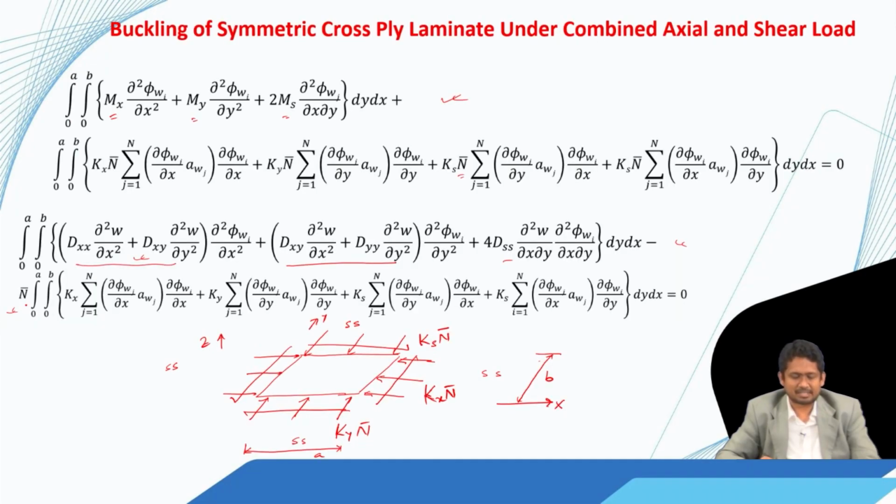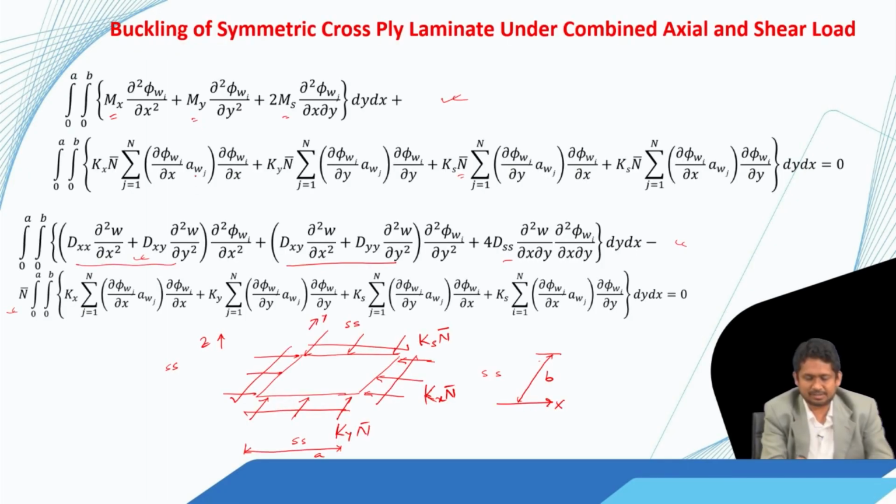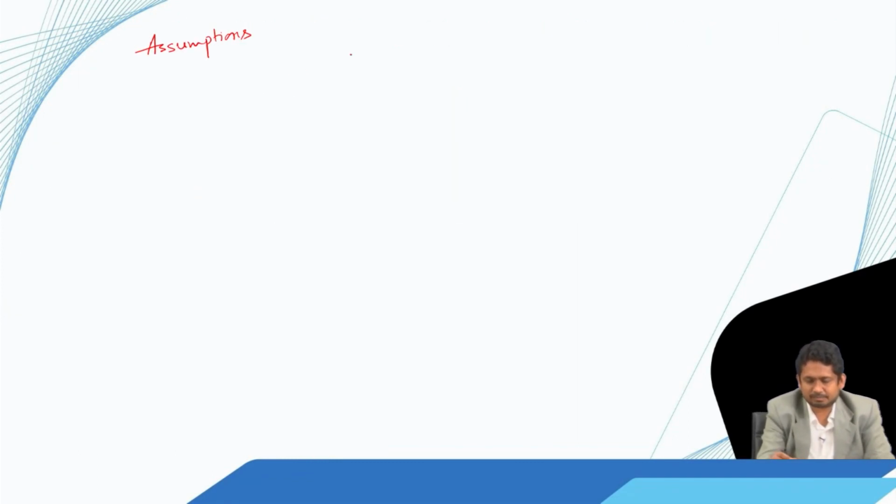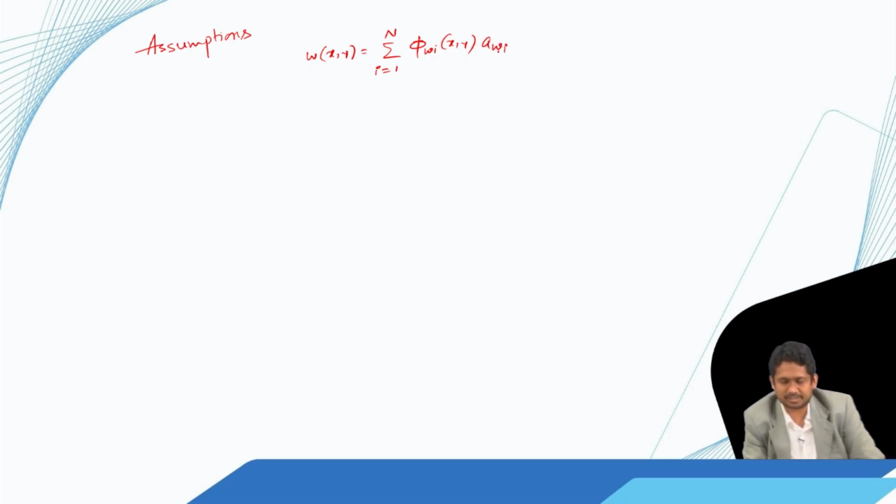So, we have to make assumptions for w now. When we represented previously in this equation, the assumptions were w as a function of x y equal to the sum over I going from 1 to n of phi wI, which is a function of x y, into a wI, the unknown associated.